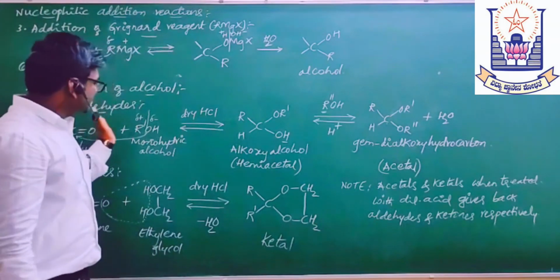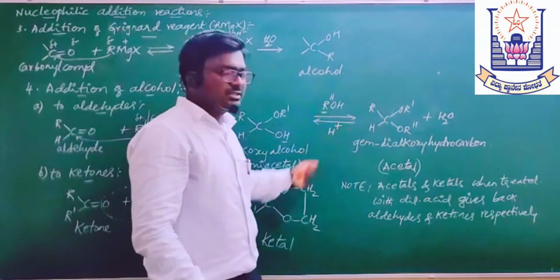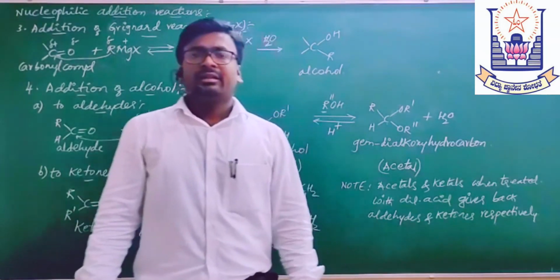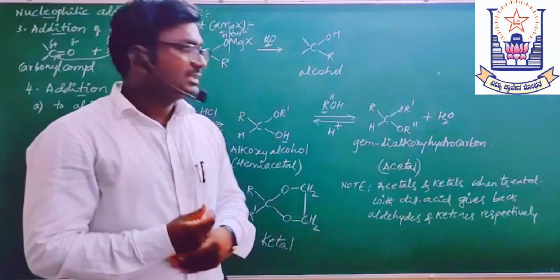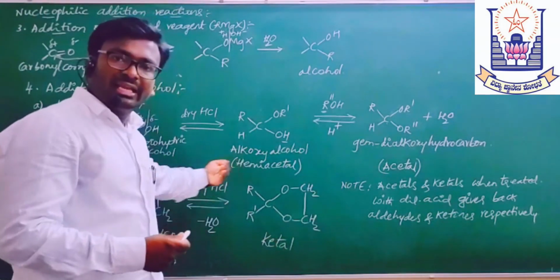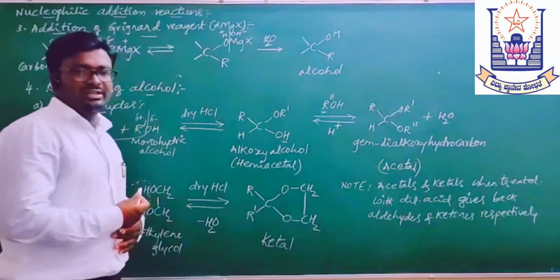When the aldehydes and ketones are treated with alcohols, you will get acetals and ketols. When these products are treated with dilute acids, they give back the original reactants. Okay. So this is all about the nucleophilic addition reaction.